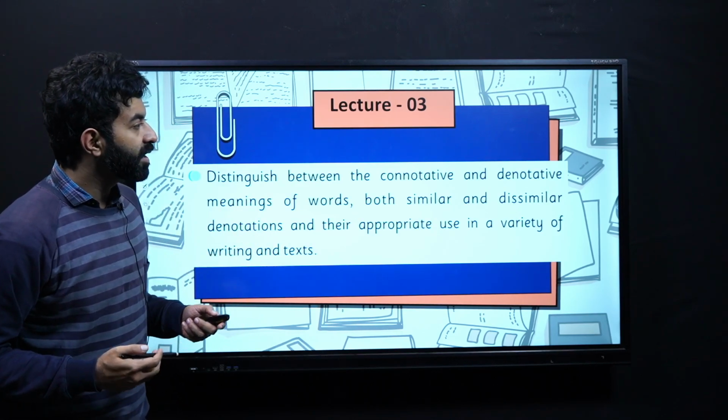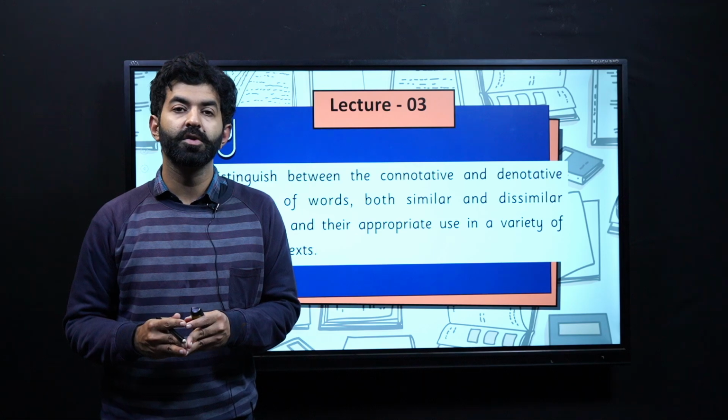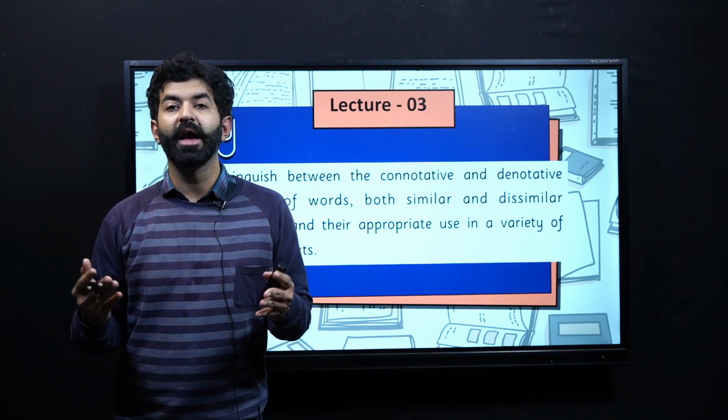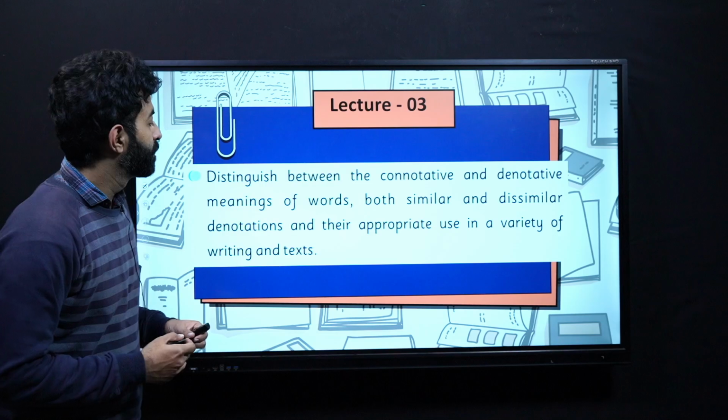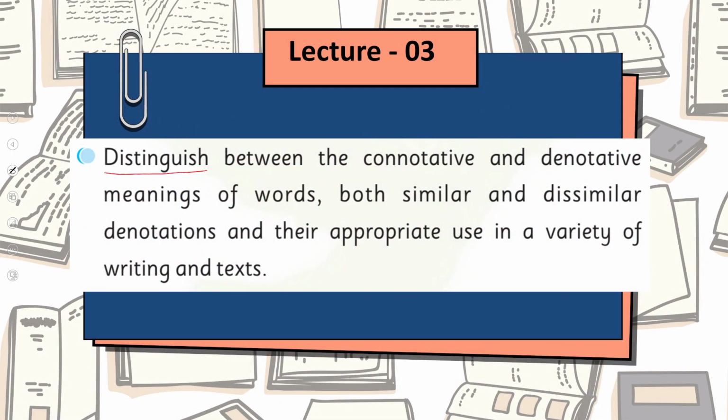Lecture number 3 is, again, related. It's about connotative and denotative meanings. So we will understand how we can distinguish, we can differentiate between the connotative and denotative meanings of words. A word can have a connotative meaning and it also can have a denotative meaning. What are these meanings?